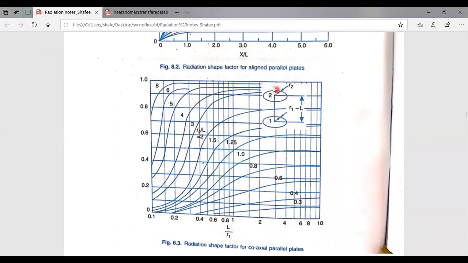Suppose instead of a cylinder you have two coaxial discs, where R1 is the radius here and R2 is the radius here. Sometimes they may be two different radii; for a cylinder both will be of the same radius. In that case, how to find the shape factor?